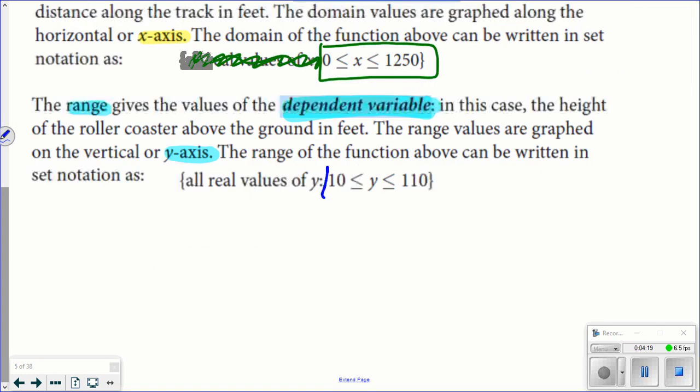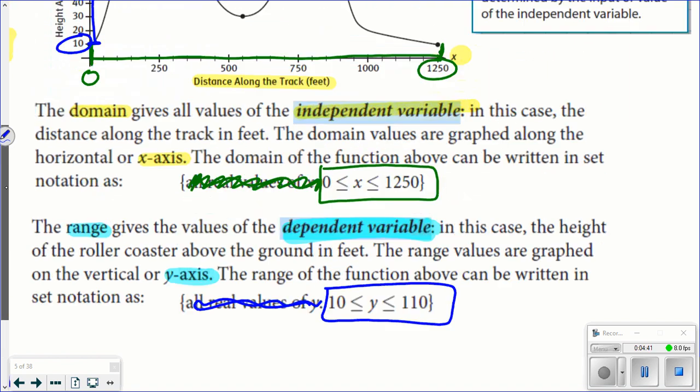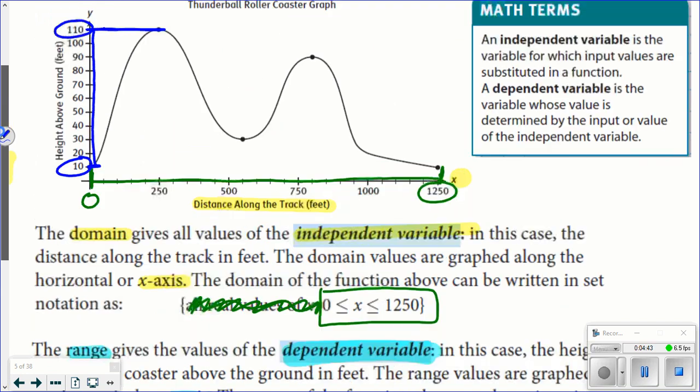Right here. There should be a fancy bracket. And we start at 10, and we're going all the way up to 110. So y is in between those two things. So notice that this is written as a conjunction again. Okay? If you're looking at the math terms in the My Notes section of your book, it says an independent variable is the variable for which input values are substituted.